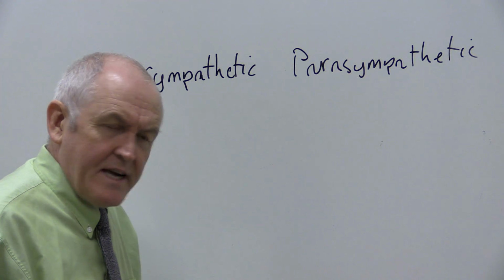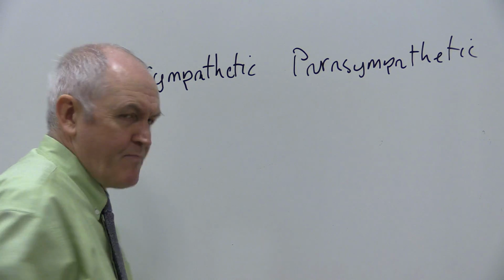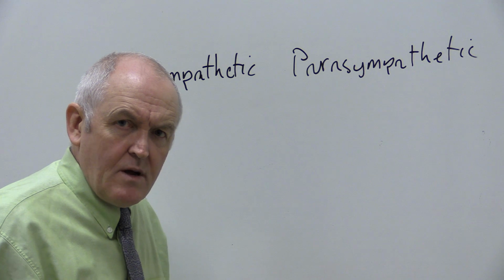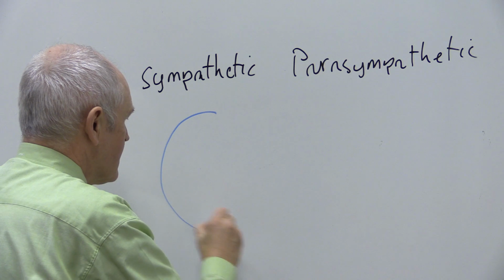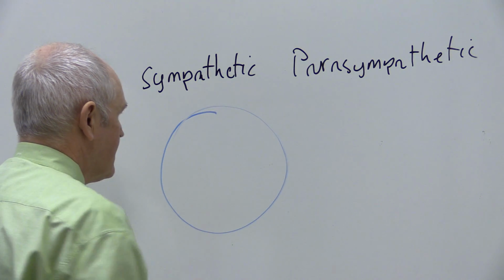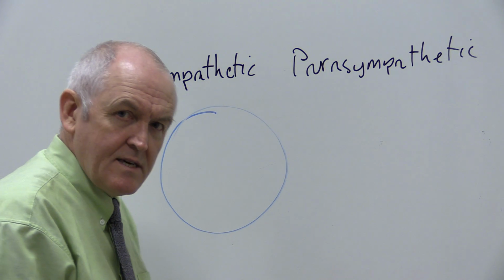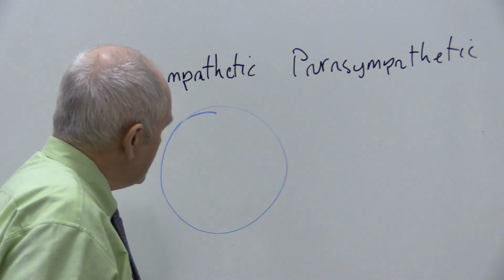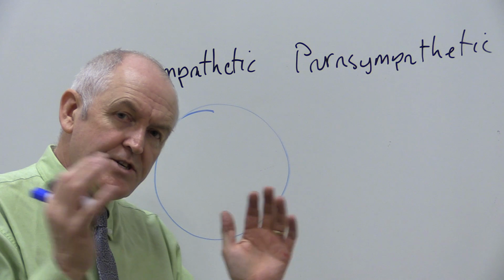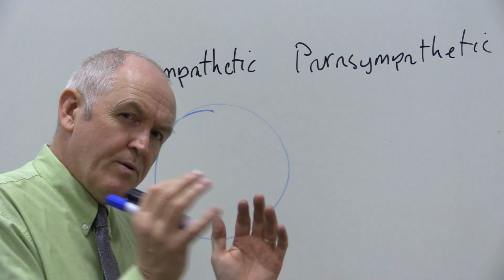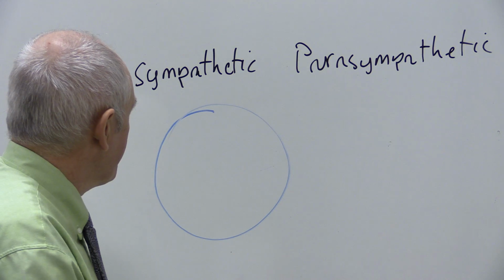Let's think about the effect of the sympathetic and parasympathetic nervous system on the eyes. So the iris is the coloured part of the eye, and the iris sphincter muscles can cause pupil dilation or pupil constriction.